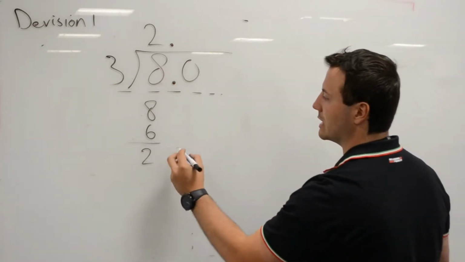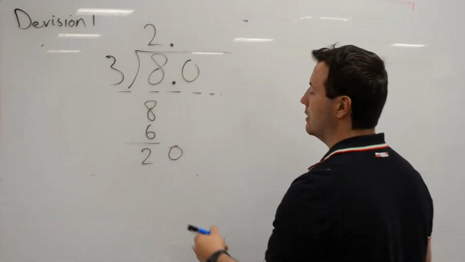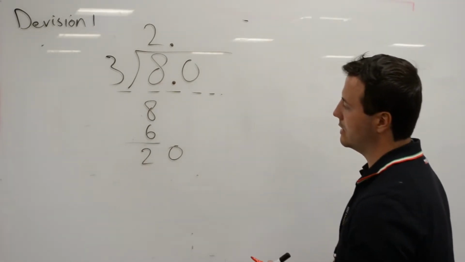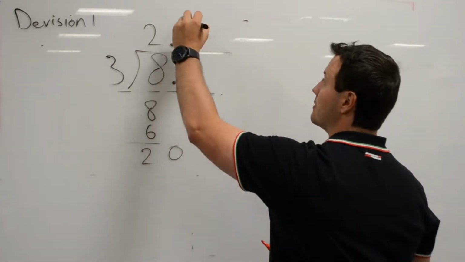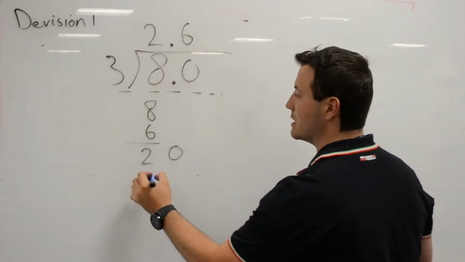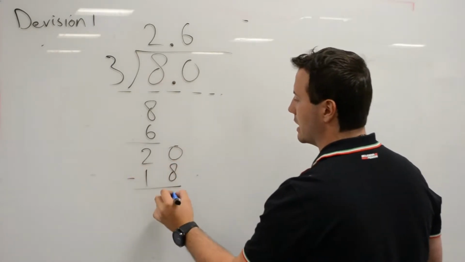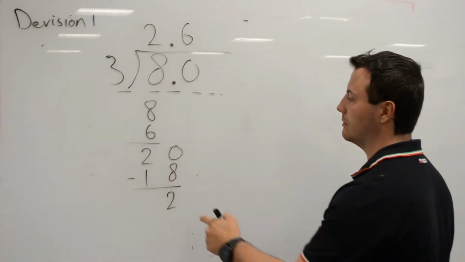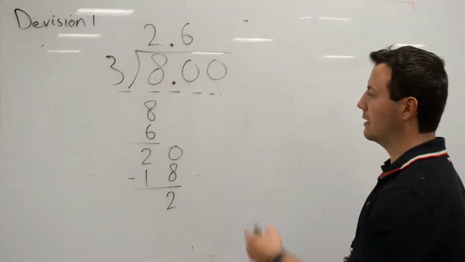So now bring our 0 down. How many 3's divided into 20? Then we're going to get 8 lots. No, sorry, 6 lots. So 6 3's are 18. So that leaves us with 2 remainder in this column. Same thing applies. Add another 0 on after the decimal place, and we carry on.